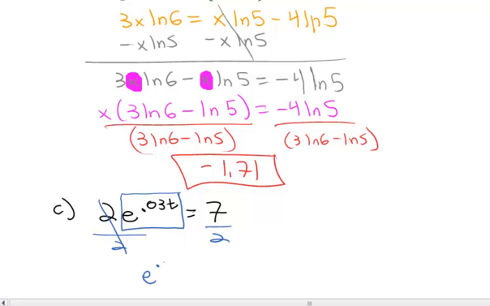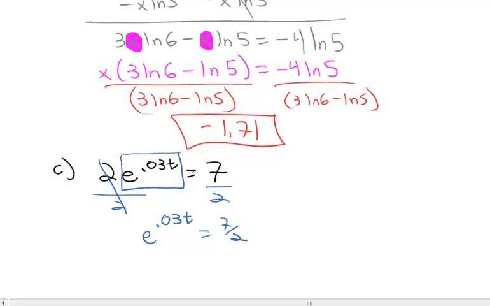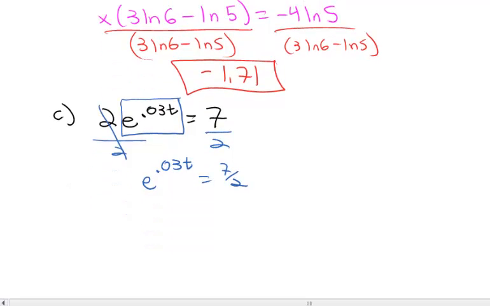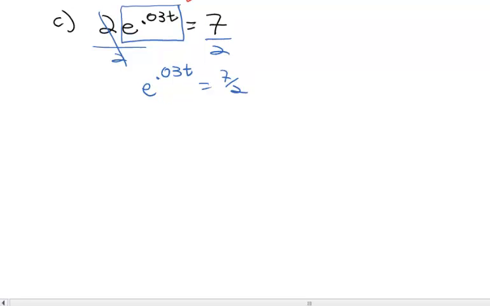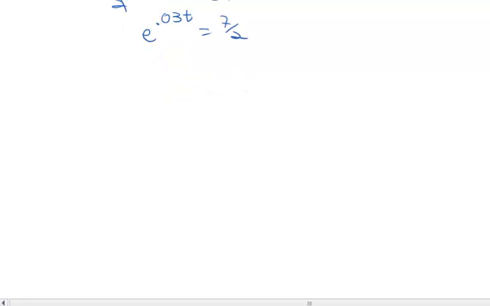So we have e to the 0.03t is equal to 7/2. And this actually is quite nice. When we take the natural log of both sides, we end up with the natural log of e to the 0.03t equals the natural log of 7/2.